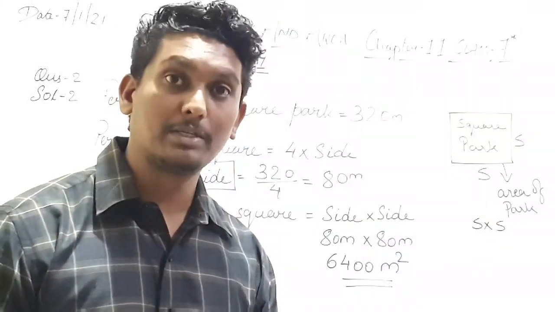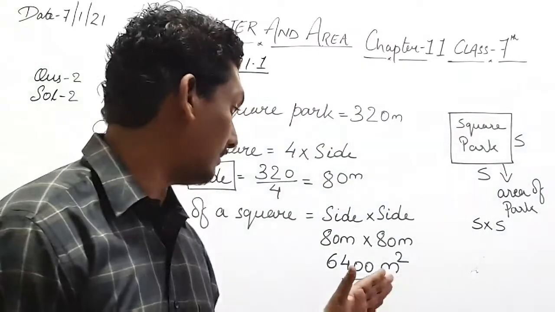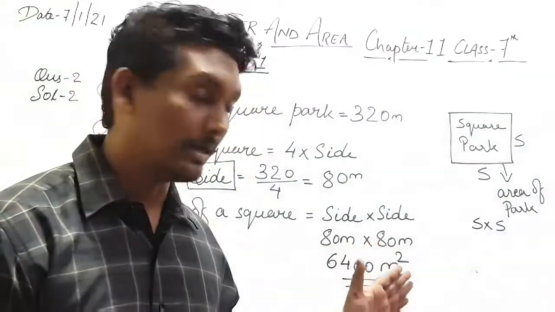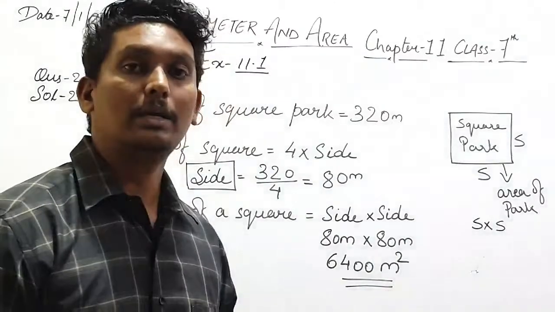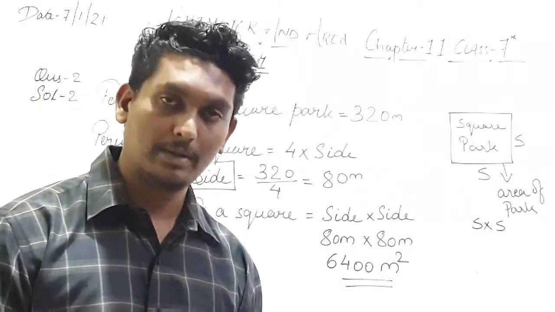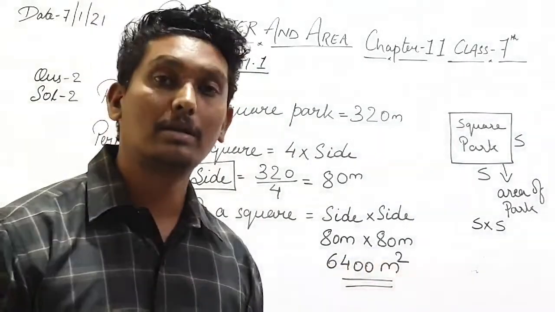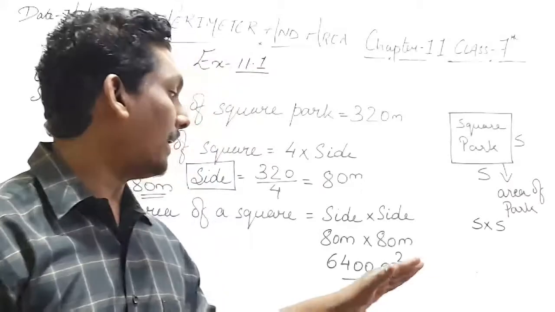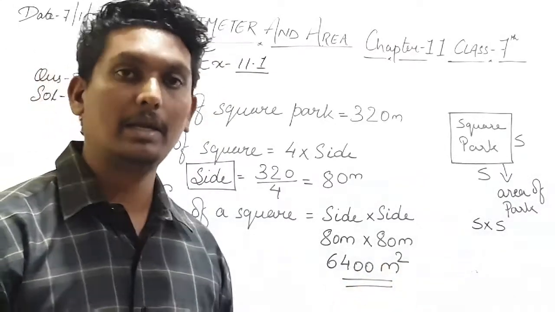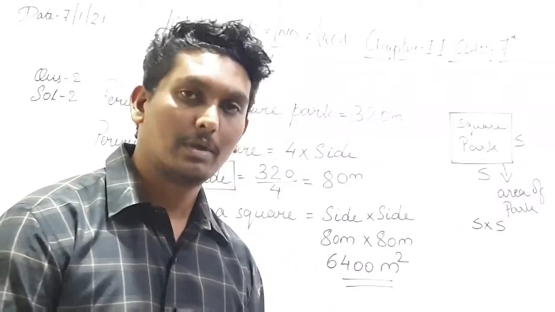Always put meter square because it is very necessary when writing units in area questions, right? So here the area is 6,400 meters square. In perimeter it is not required, but in area the square unit is required. Hope it is clear to you. Just go through it.